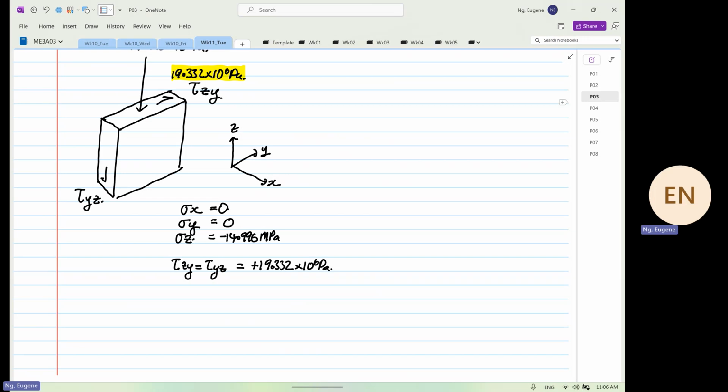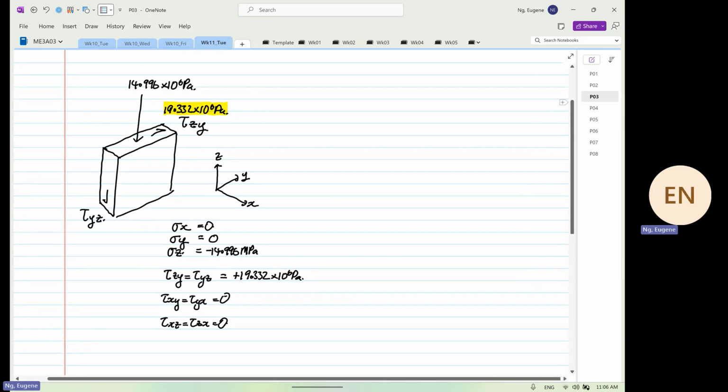Don't worry about positive and negative yet. I will teach you later. And we know that shear XY is equal to shear YX and they're all equal to 0. Shear XZ is equal to shear ZX and is also equal to 0.